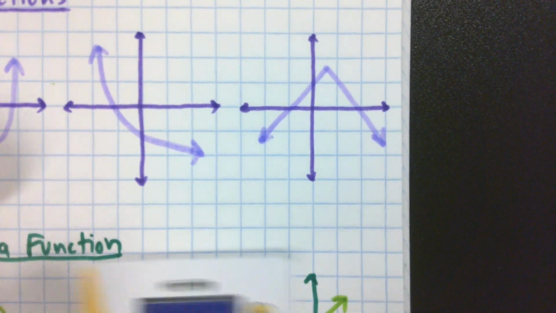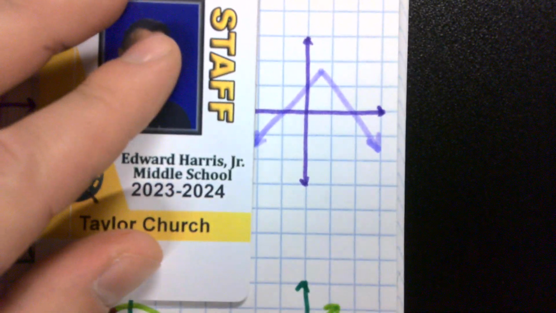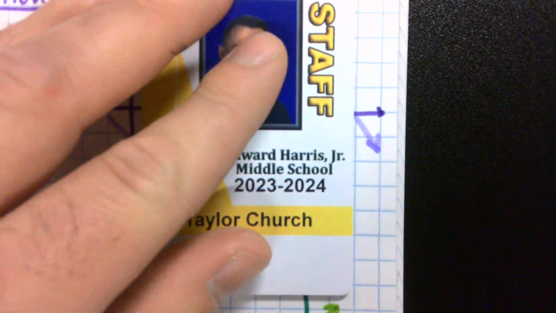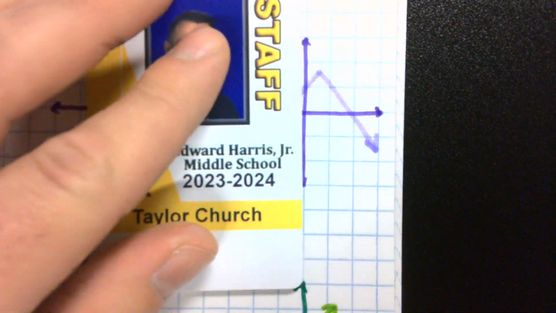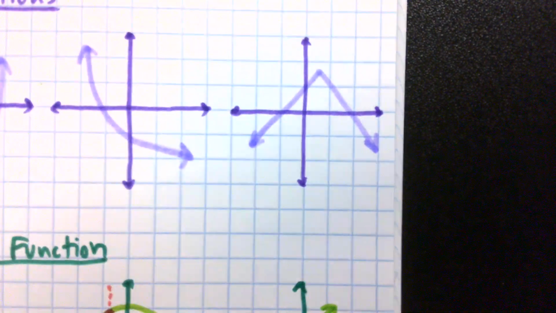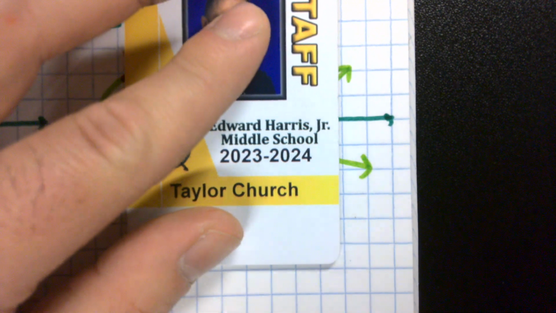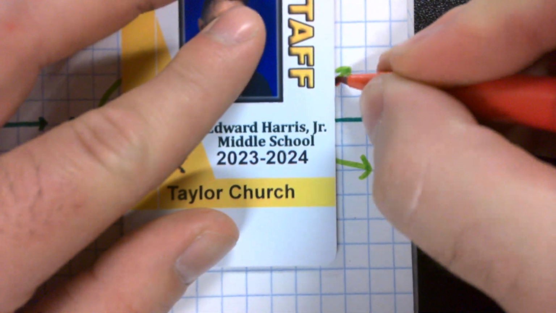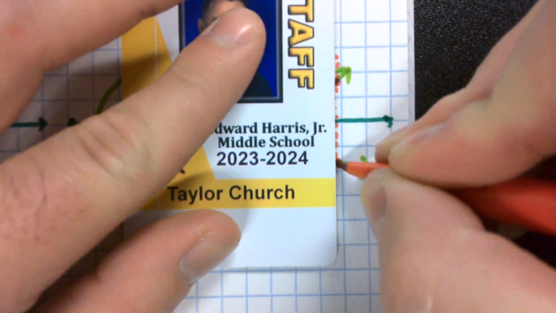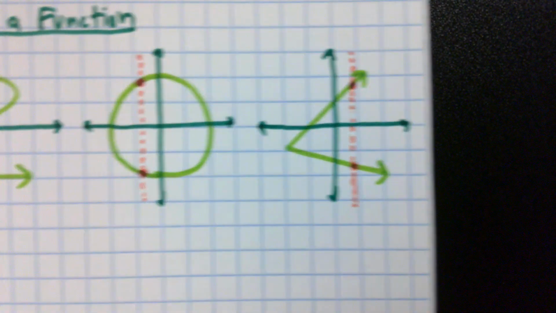Last purple one on the top, this little upside down V. Again, from left to right, we don't see any point on this lavender line where two points have the same x coordinate. None of those points are stacked on top of each other. But when we flip it sideways, we notice, hey, there are two points stacked on top of each other, which makes this one not a function.